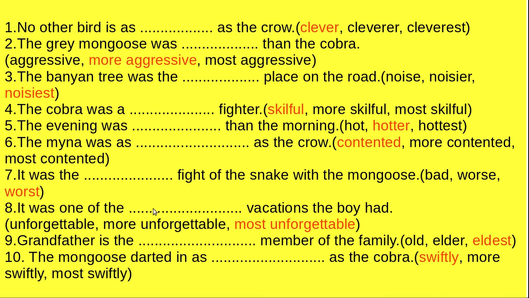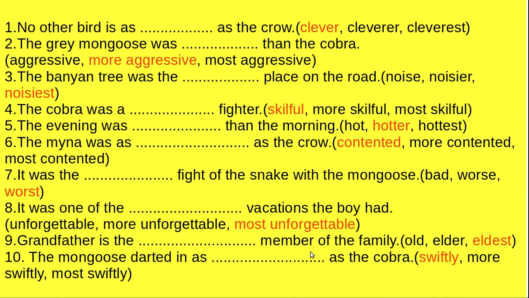It was one of the dash vacations. Two are possible here really: most unforgettable is possible and unforgettable is also possible, right? Either way, unforgettable too can be possible there. Since this is degrees of comparison, I prefer this one, right?